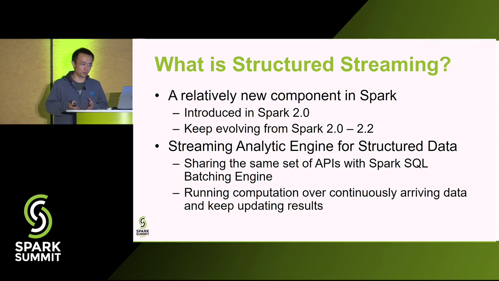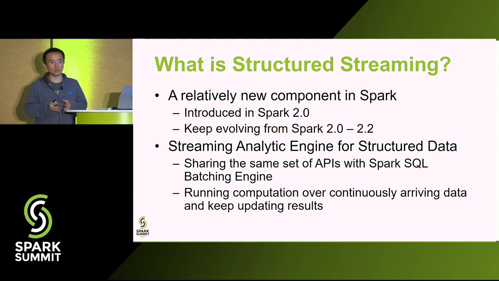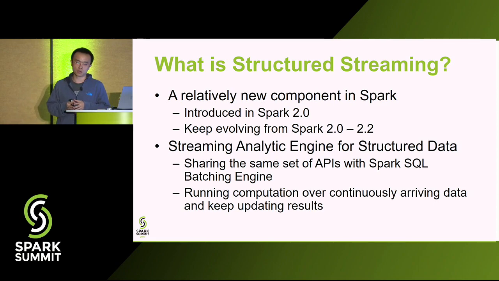So what is structured streaming? Structured streaming is a relatively new component in Spark. It was introduced in Spark 2 and keeps evolving from 2.0 to 2.2. It is a streaming analytic engine for structured data.